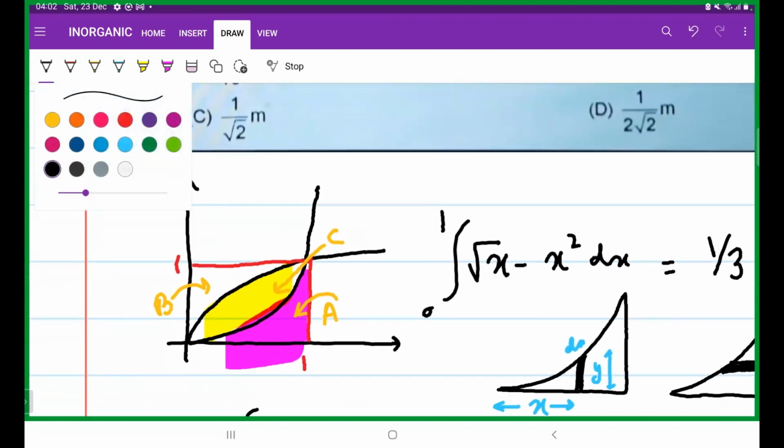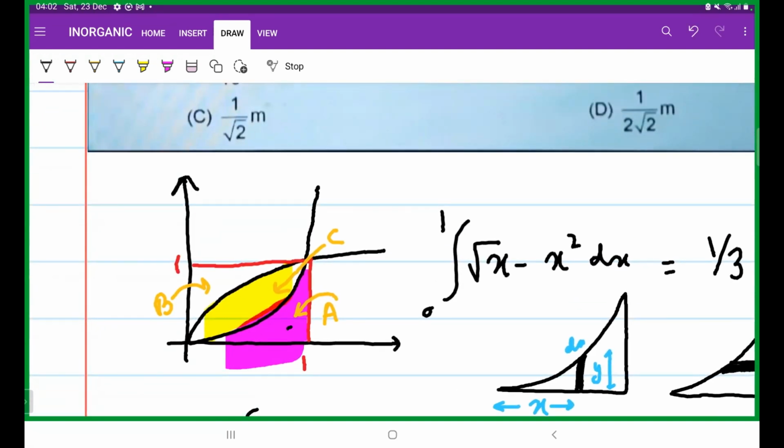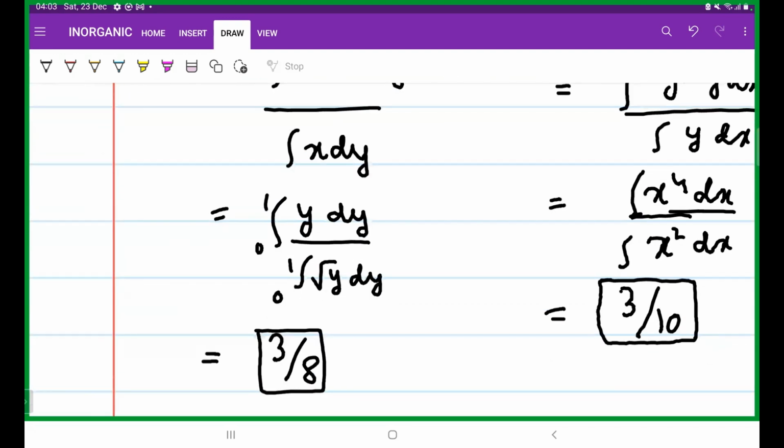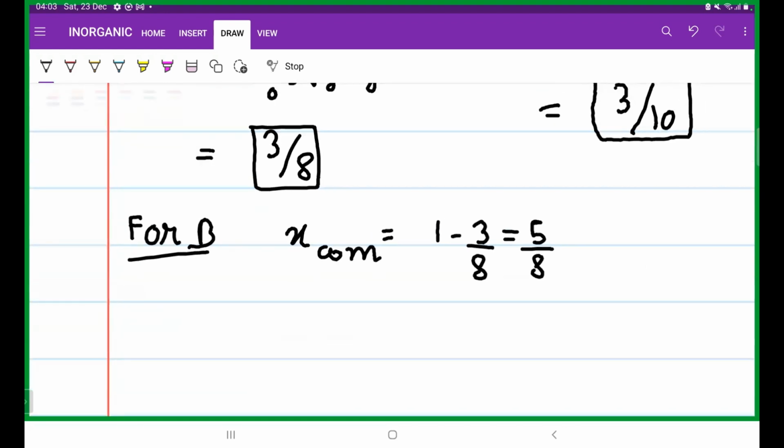Because, say, if I have got the X center of mass for block A over here, the X center of mass for block B will be somewhere here, right? Since it's the exact opposite, the sum of the X coordinates of these 2 points has to be equal to 1. And the same goes for Y center of mass as well. This will be equal to 7 by 10.